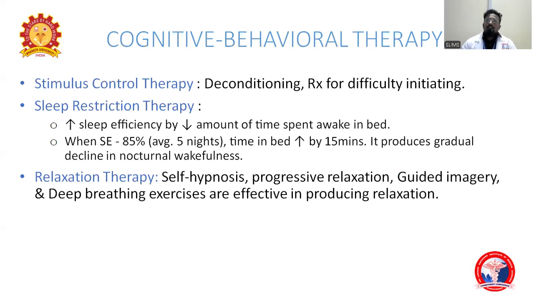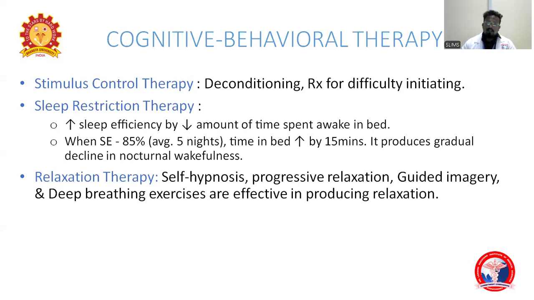Cognitive behavior therapy can also be tried, as deconditioning for difficulty in initiating sleep. Sleep restriction therapy increases sleep efficiency by decreasing the amount of time spent awake in bed. When sleep restriction efficacy is 85%, on average time in bed increases by 15 minutes every 5 nights. It produces a gradual decline in nocturnal awakenings.